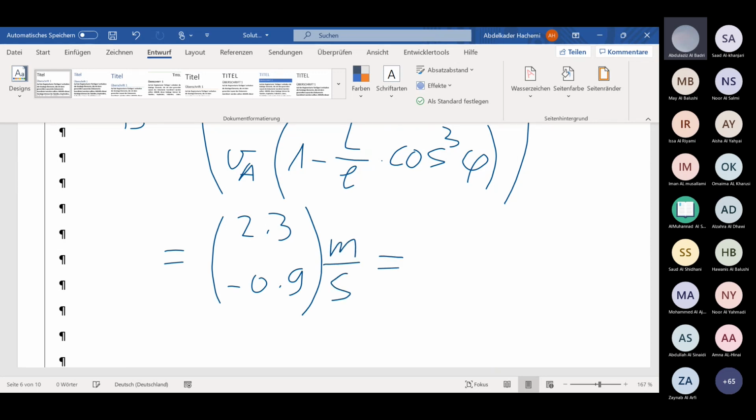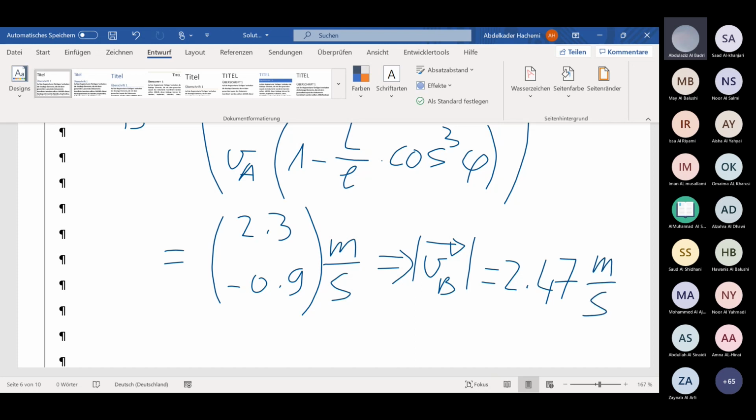Then in this case, we get VB as magnitude equal to 2.47 meter per second.